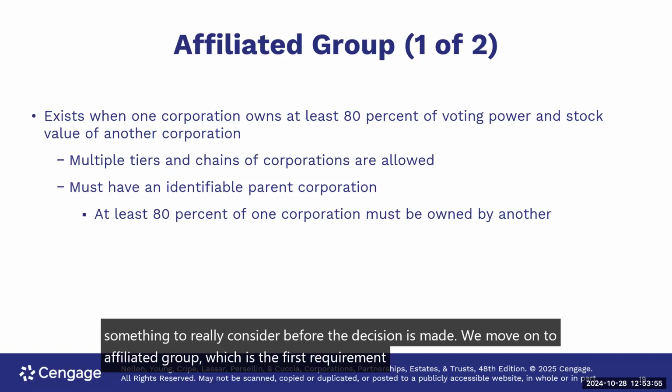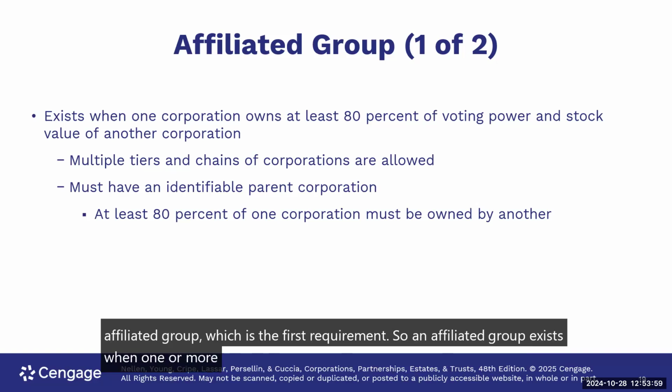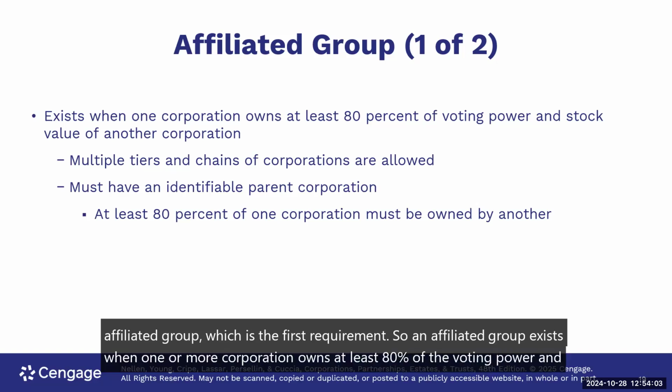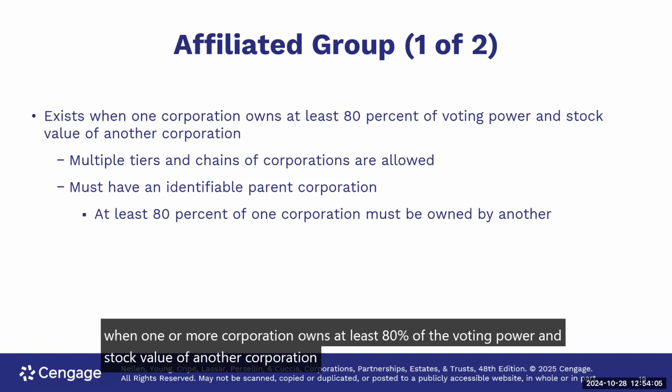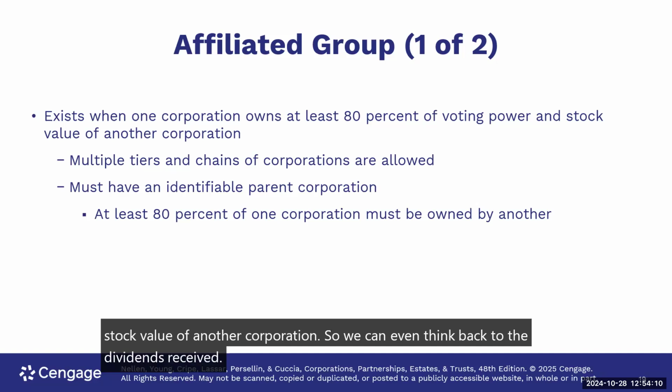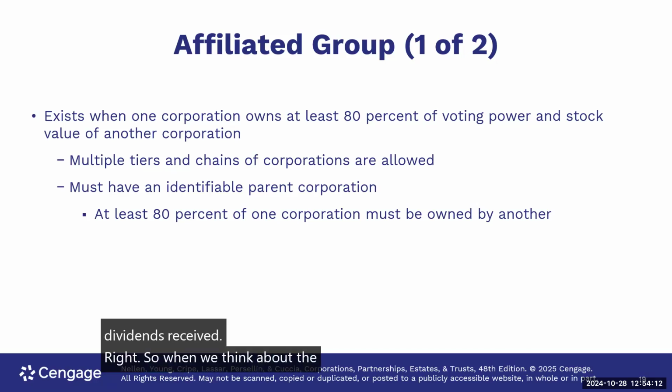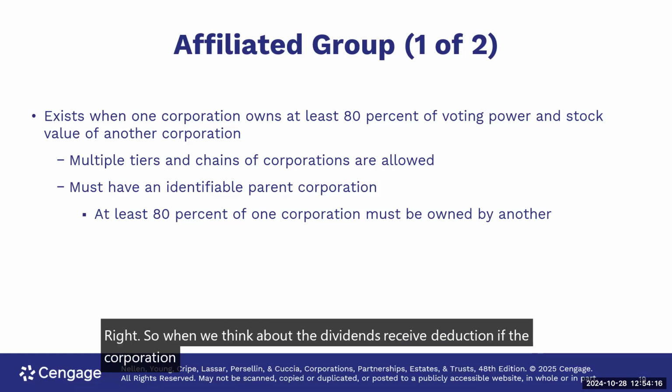So an affiliated group exists when one or more corporations own at least 80% of the voting power and stock value of another corporation. So we can even think back to the dividends received deduction, right? When we think about the dividends received deduction, if the corporation owns 20% or less, their dividends received deduction is 50%.